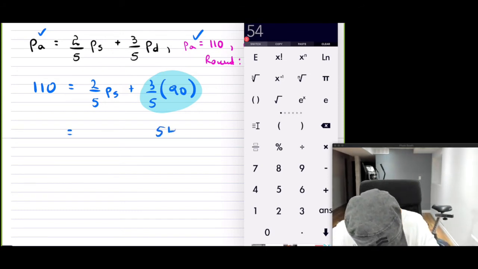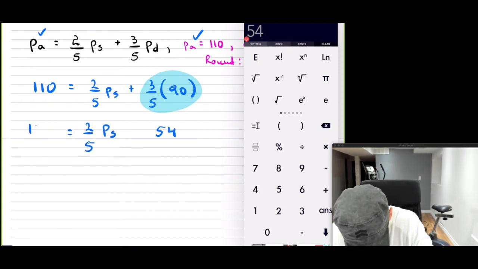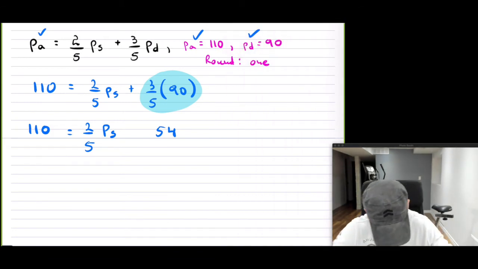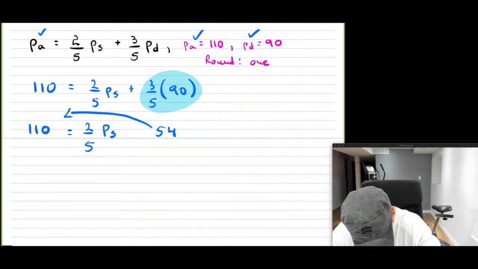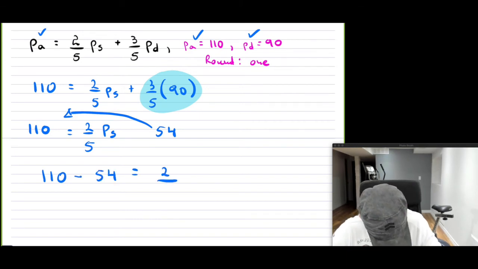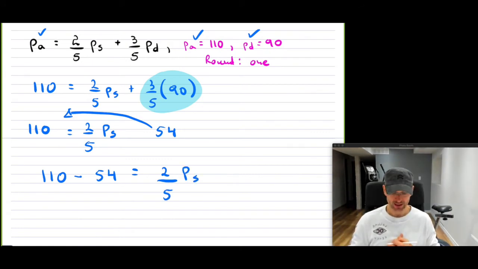This is going to be 2 over 5 PS. Next, I'm going to bring this over to the other side, so I'm going to get 110 minus 54. So this is 2 over 5. All right, so that's that.